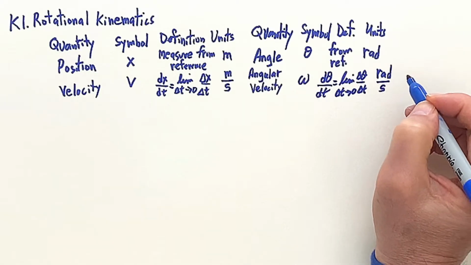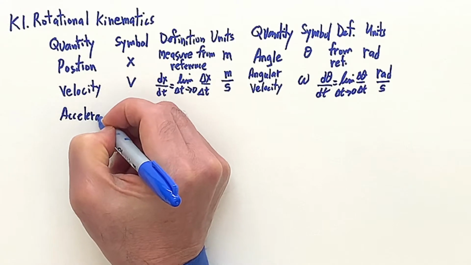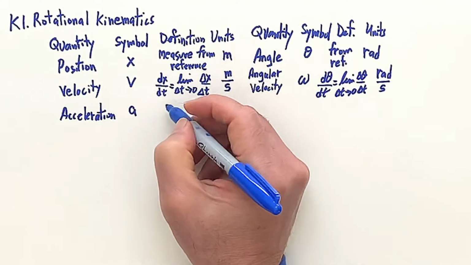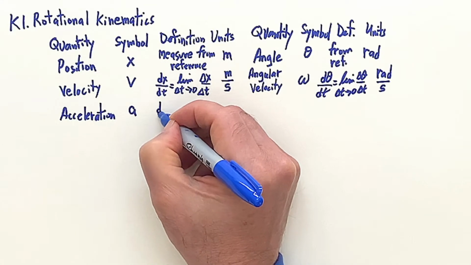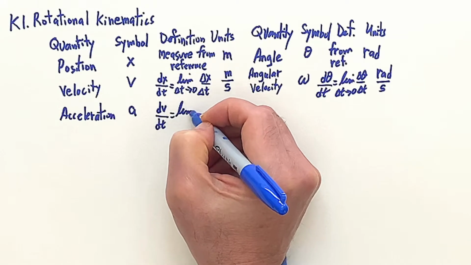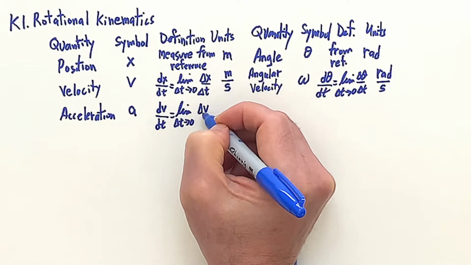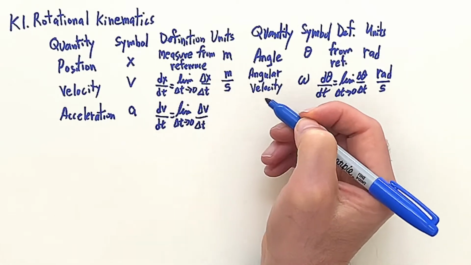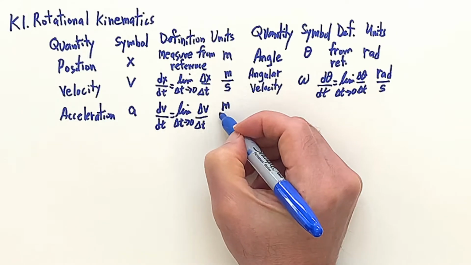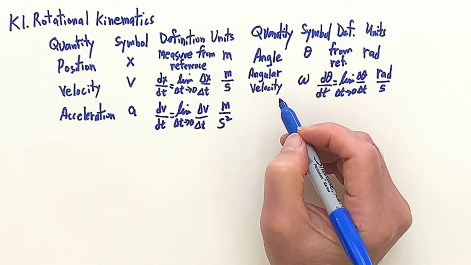rads per second. Then we have acceleration, and that's a, and here acceleration is dv dt, or the limit as delta t goes to 0 of delta v over delta t, and the units there are meters per second squared, or meters per second per second.